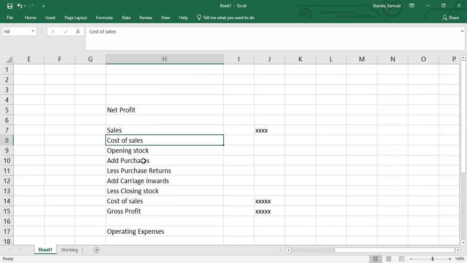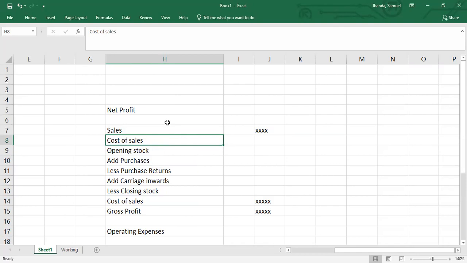Now, if purchases have purchase returns, it means that your purchases are going to go a little lower. The lower the purchases go, the negative effect it will have on your cost of sales. Your cost of sales will also reduce. As your cost of sales reduces, it means that your profit will improve. We get the principle.